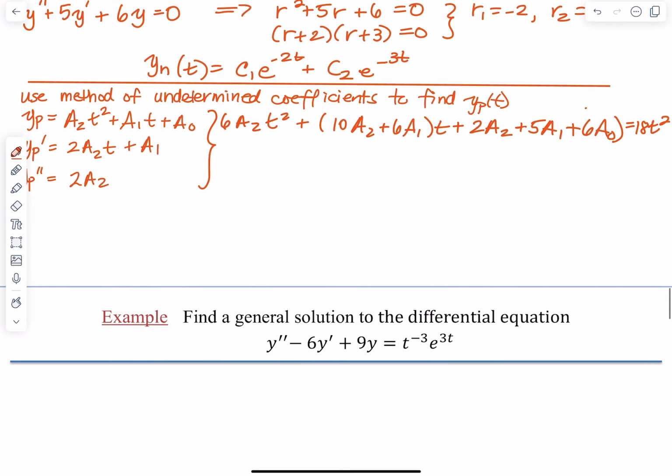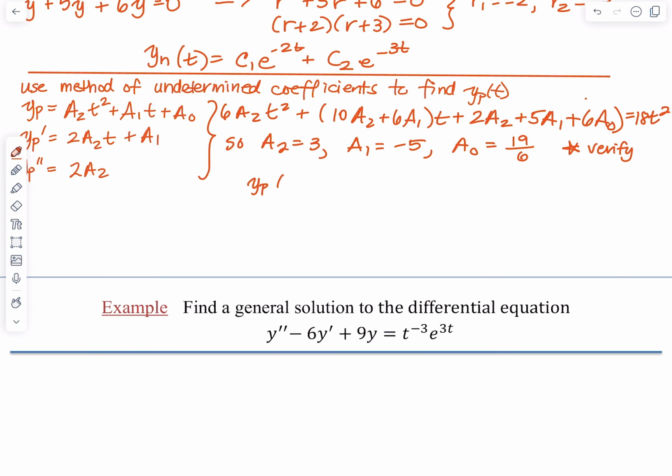Okay, so taking a look at this, I can leave that to you. We have a2 is equal to 3, a sub 1 is equal to negative 5, and a naught is equal to 19/6. And you'll have to do that on your own, or you can verify. Okay, and so now we have that particular solution is equal to 3t squared minus 5t plus 19/6.